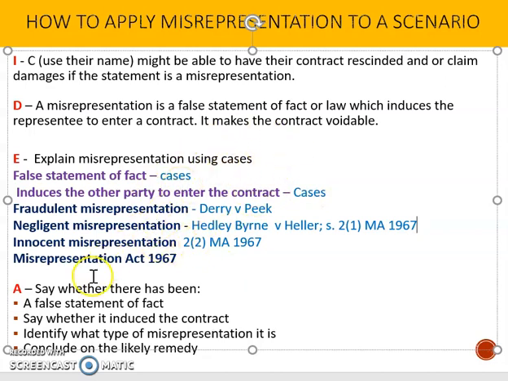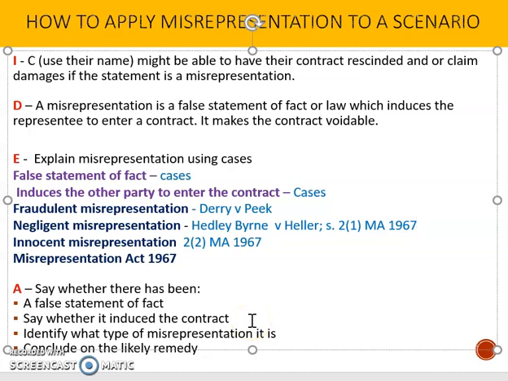And then we're just going to use that almost as a checklist for our application. So we look, has there been a false statement of fact? You have to look at the quote, the statement that's been given, and check that it is a false statement of fact, not opinion, not a statement of future intention. You then need to look at whether it induced the contract.